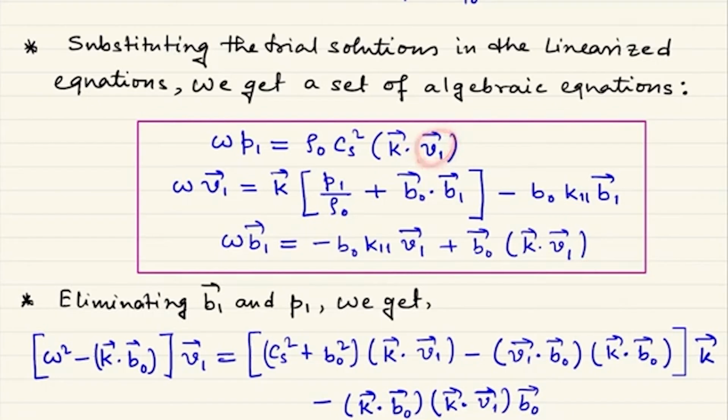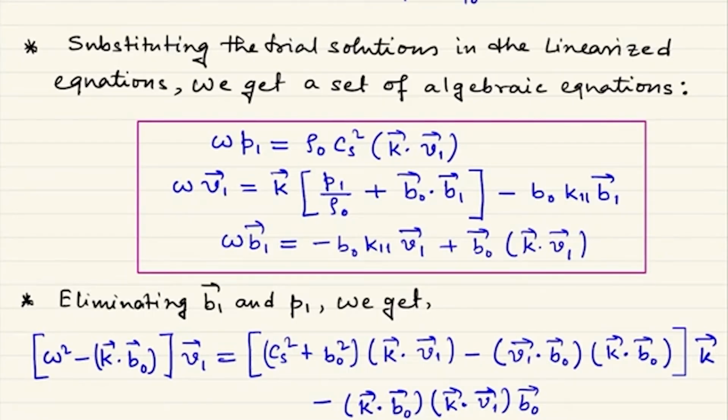One is v1, one is B1, one is P1, and our basic objective is to get rid of these to get the relation between omega and k, which is known as the dispersion relation. If that dispersion relation gives us real frequency, then we will confirm that there will be linear wave modes. If there is an imaginary part in omega, then we have the possibility of a linear instability.